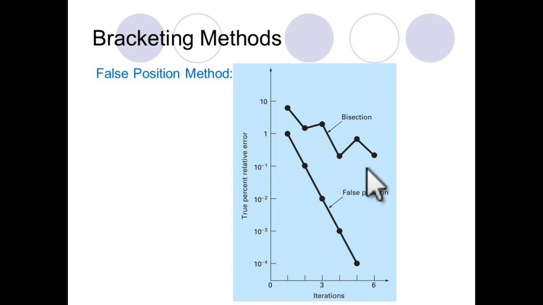As you see, after the 5th iteration in the bisection method, the error decreases to 4% within the interval x equal to 0 and x equal to 1.3 for the function f of x equal to x to the power 10 minus 1.